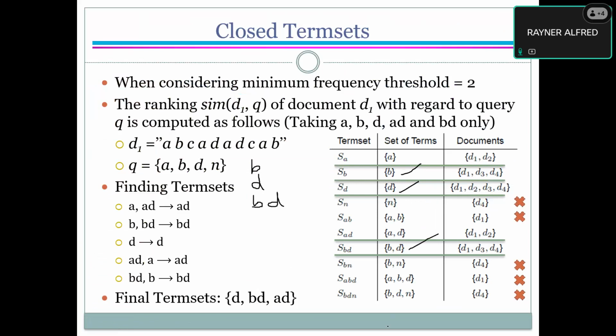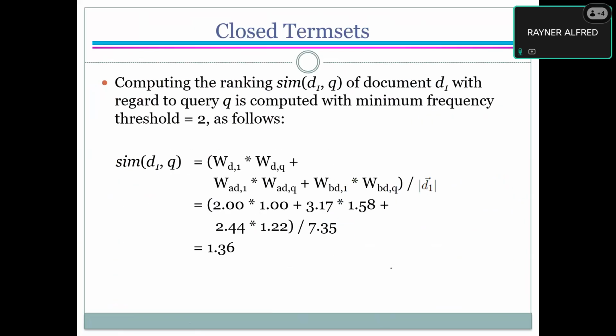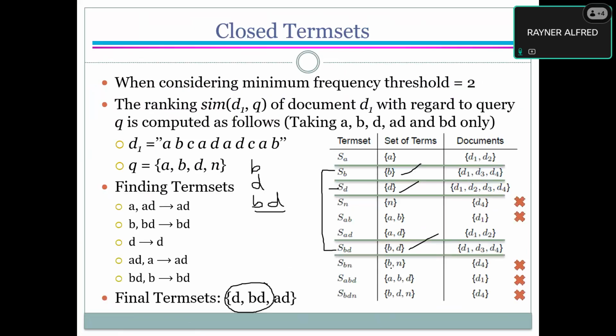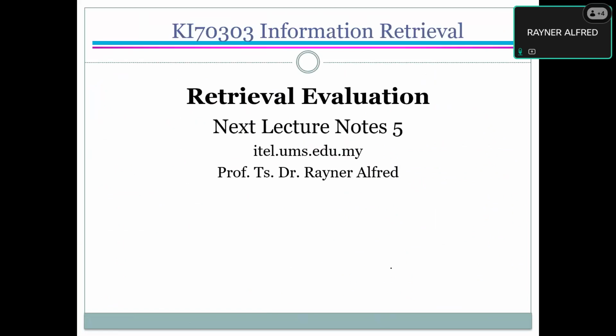So when it comes to only BD, we are looking at this to be the term set, which is BD and also D. So that means we only take this D and BD. And for the calculation, it will be the same here.